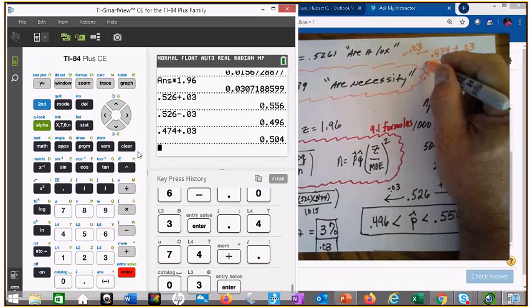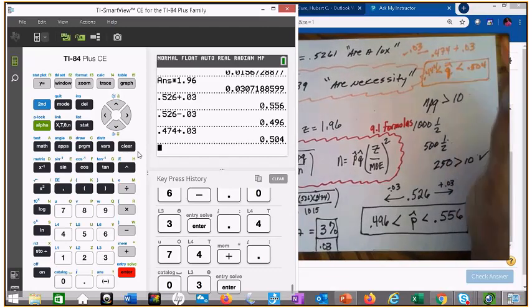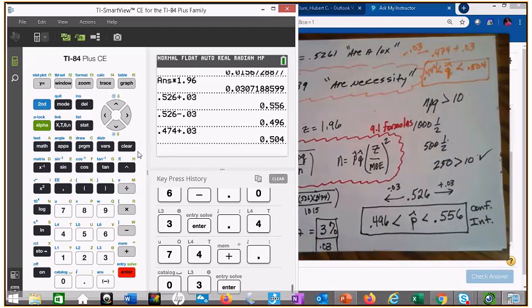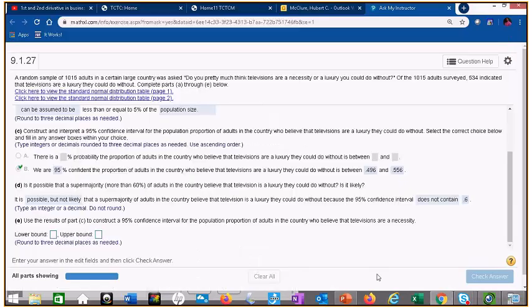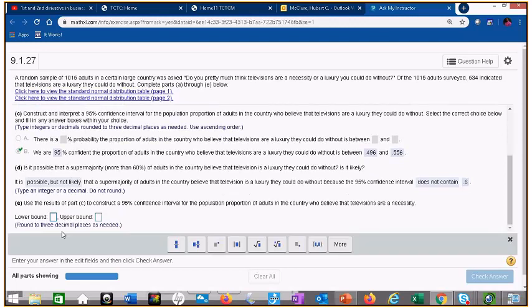So that is your confidence interval for Q hat: 0.444 and 0.504.